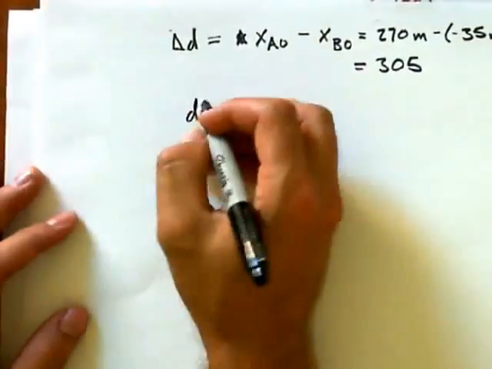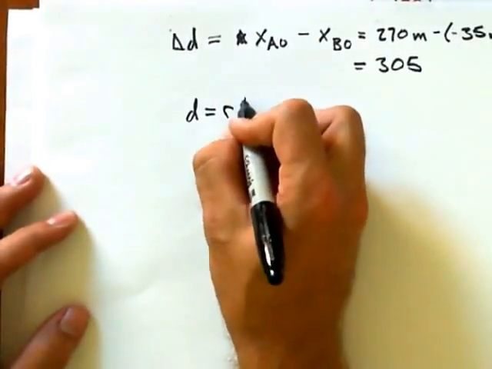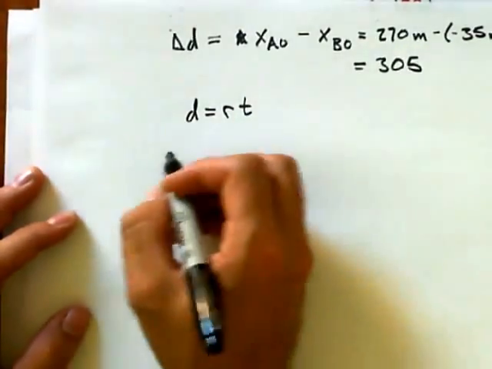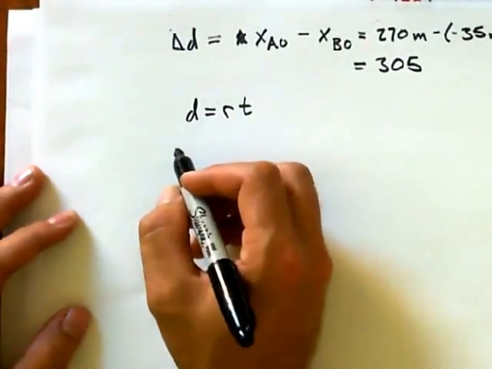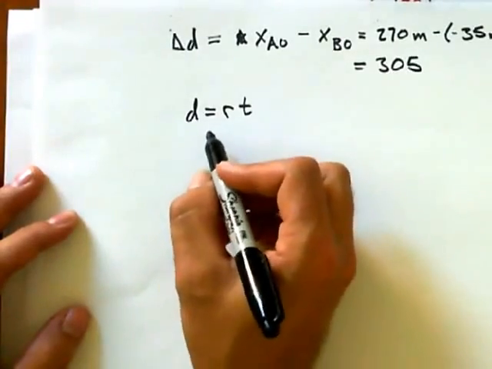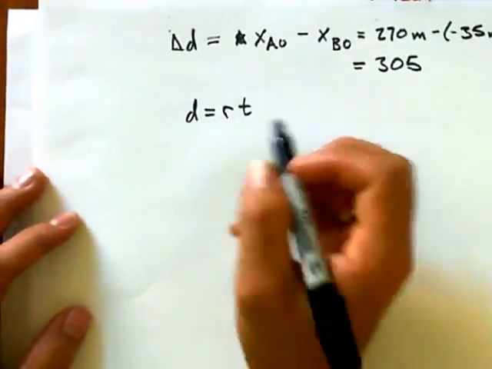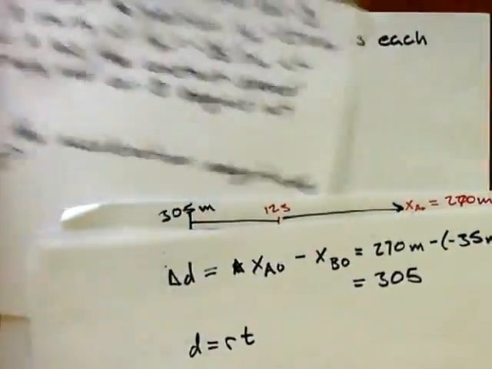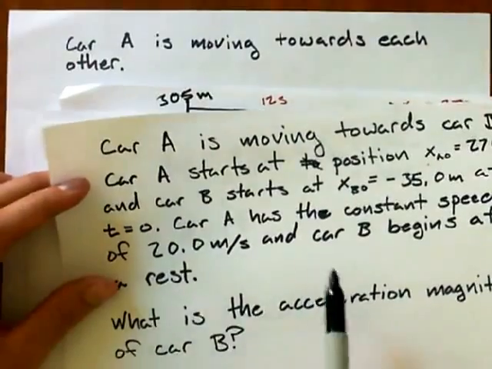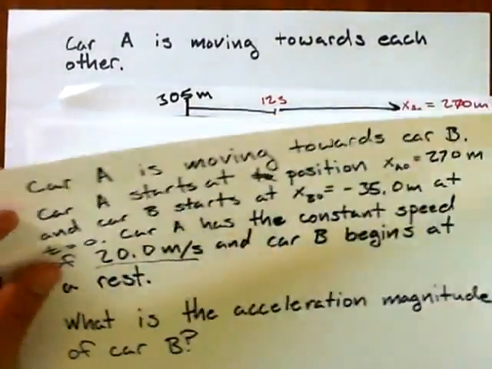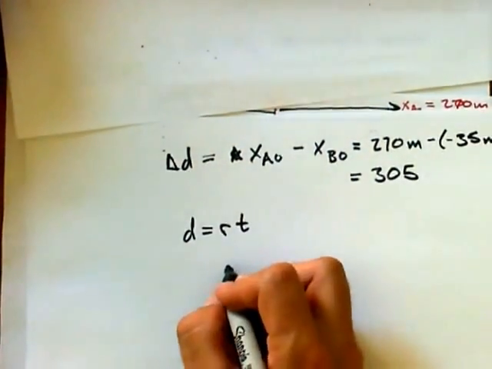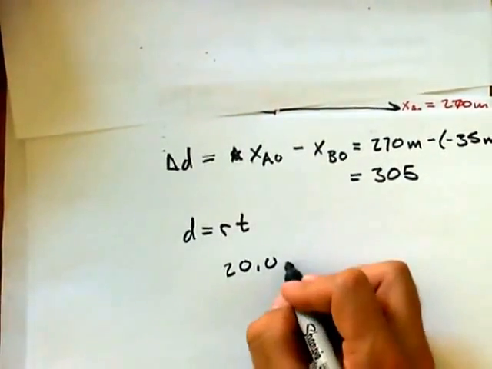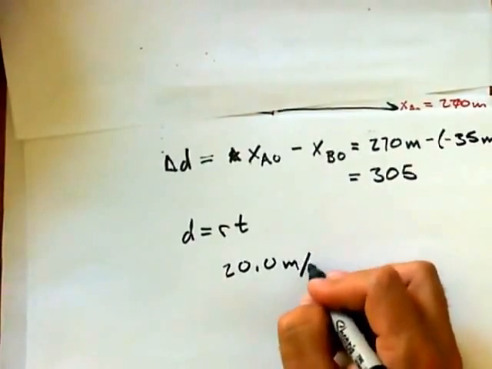This point of view. So we have DRT, and we want to figure out the distance that A has traveled in 12 seconds. So we know that the rate of car A is going 20.0 meters per second.